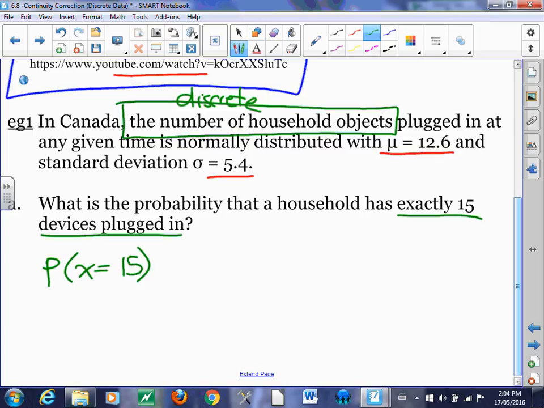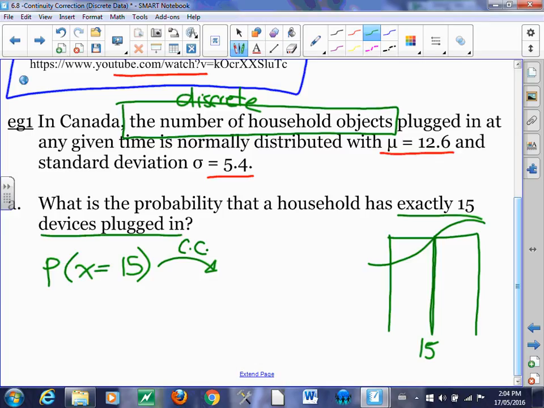Okay, so what we have to do is apply the continuity correction because even our mean and our standard deviation are not rounded to the nearest one. So remember how the bars went in the graph. If we want to know exactly 15, which is right here, guys, our graph would look something like this going up, and because 15 is the middle of the box, halfway away from it would be 14.5, so half less, and then half more is 15.5.